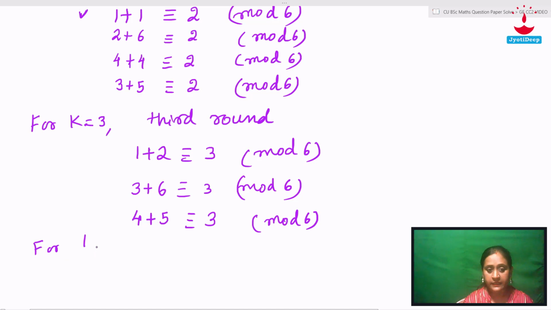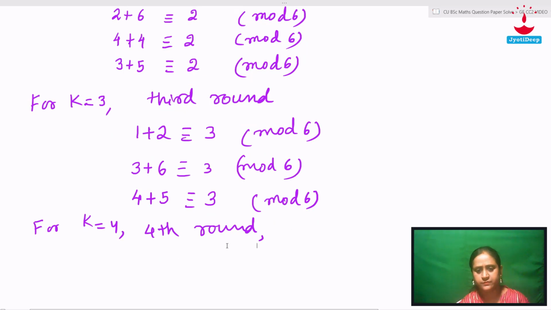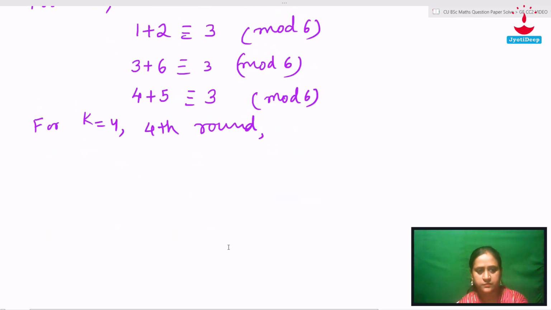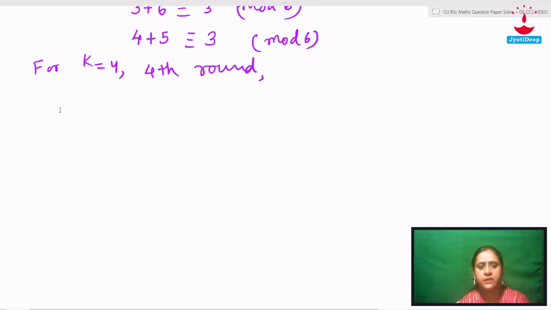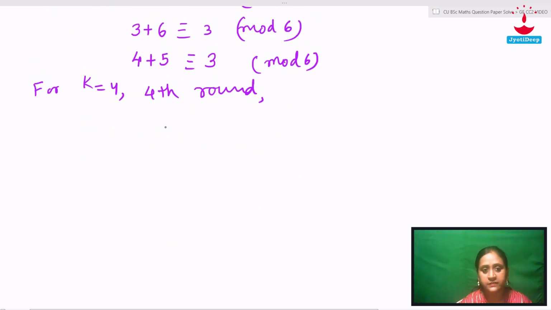For k is equal to 4, that means the fourth round schedule. What will it be? For k equal to 4, we can write 3 plus 1 congruent to 4 under mod 6. Here the third team will play with the first team in the fourth round. Addition is also working here.